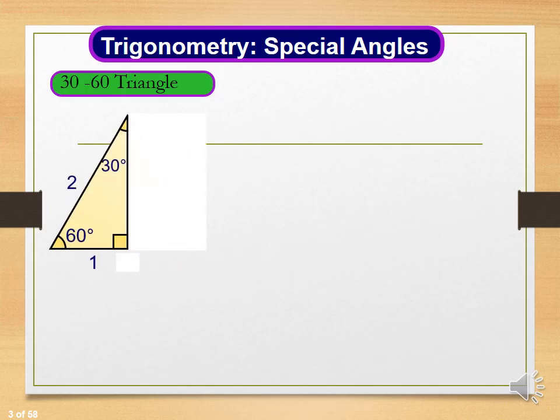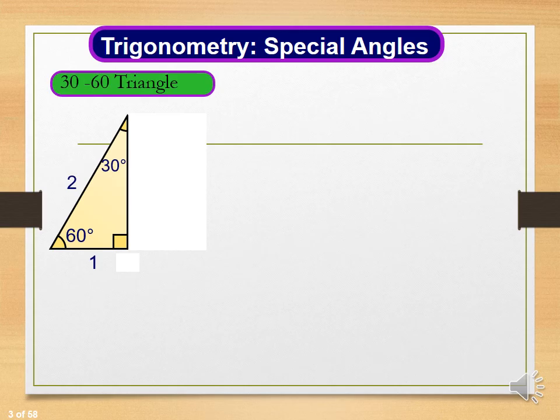A 30-60 triangle is formed from an equilateral triangle having the angles to be 60 degrees each. The bisector of one of the angles gives the angle 30.